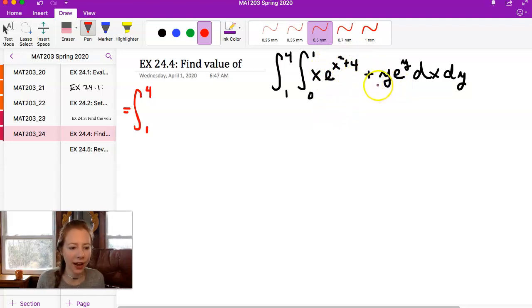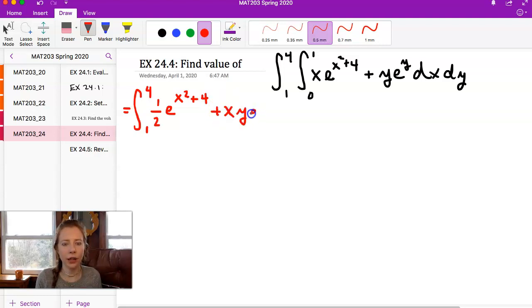And in terms of x, this is going to give us 1/2 e to the x squared plus 4 plus x y e to the y.